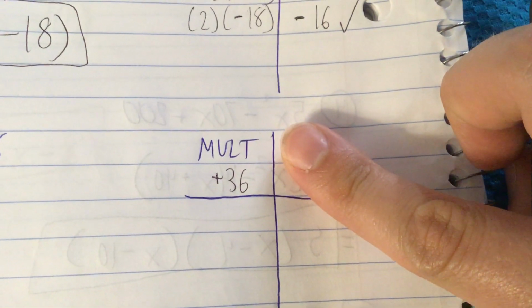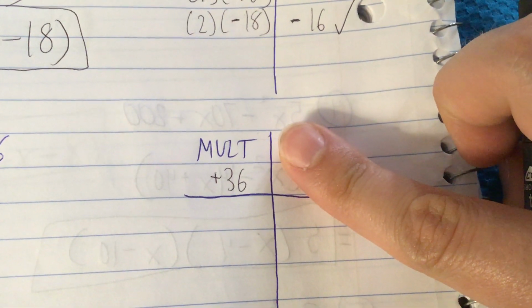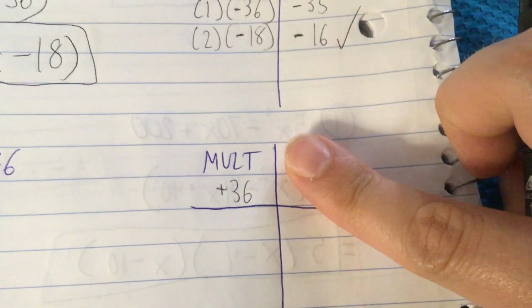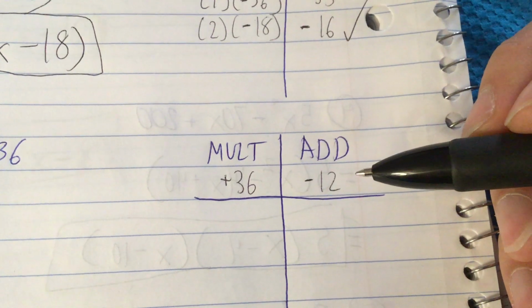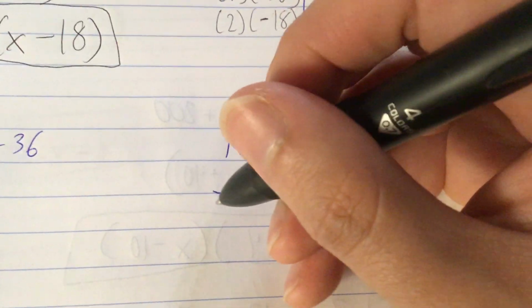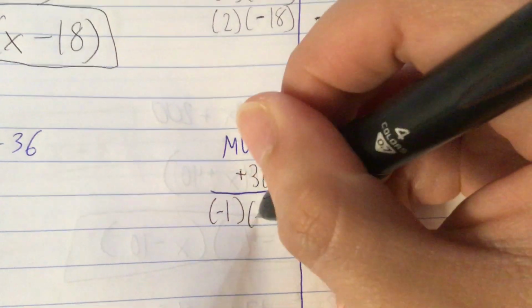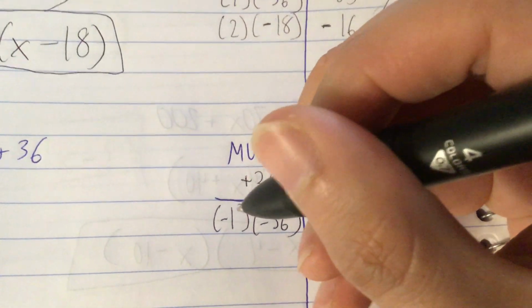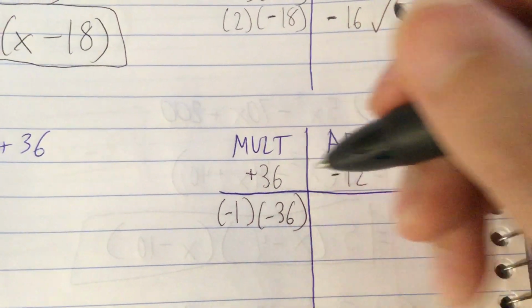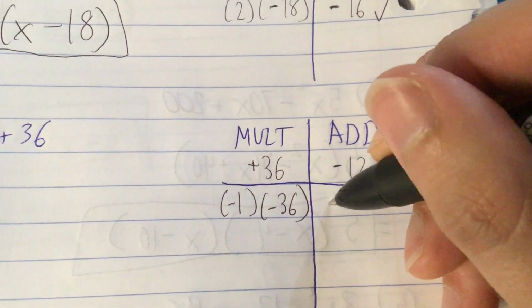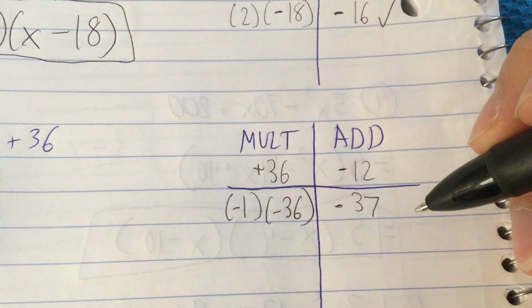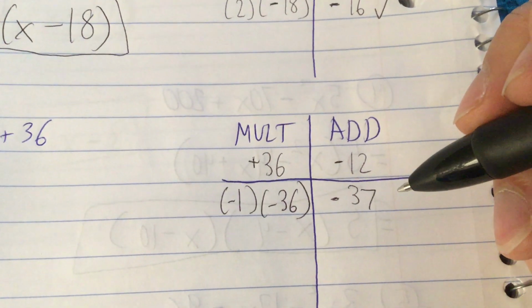Two numbers that multiply to make positive have to be positive, positive, or negative, negative. But since it adds to negative, I'm going to use the negative times negative method. So let's start with the basic. Let's try negative 1 and negative 36. Negative 1 times negative 36 is positive 36, but negative 1 plus negative 36 is negative 37, so that doesn't work.